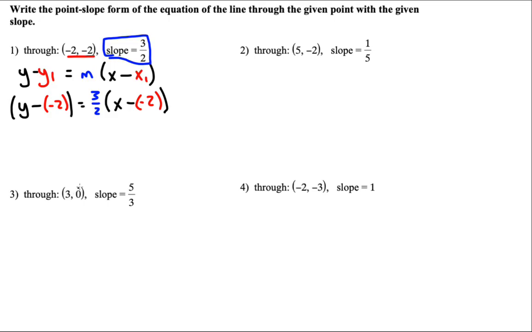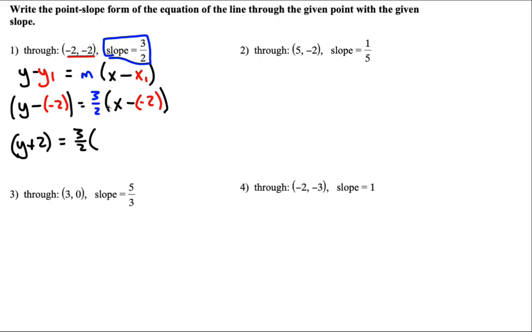However, I can simplify it because I've got this -2 here and a -2 here, and I can simplify that to show that y minus -2 is the same thing as y plus 2. And y plus 2 equals 3/2.